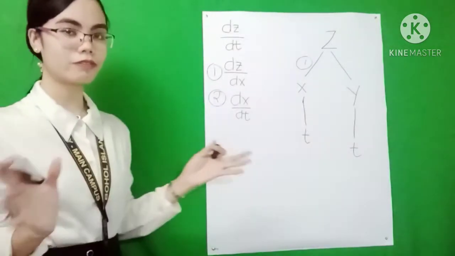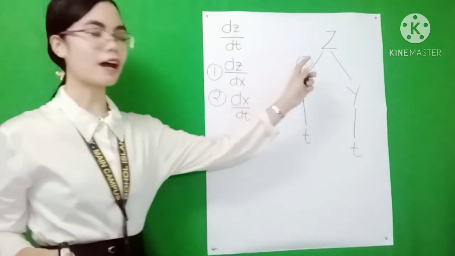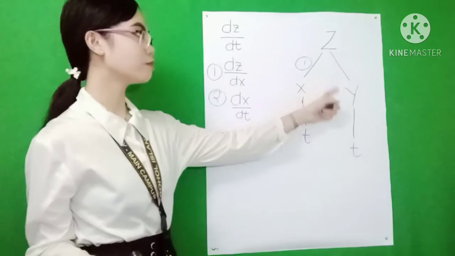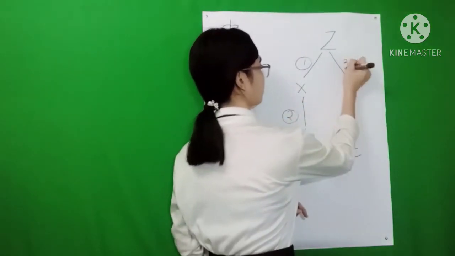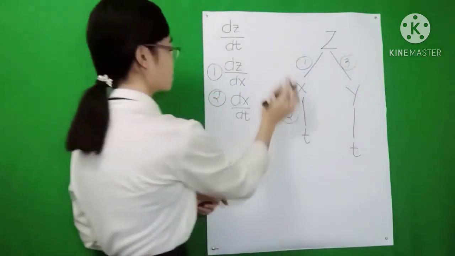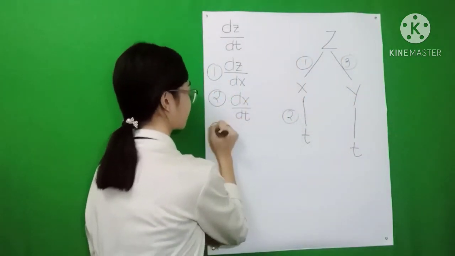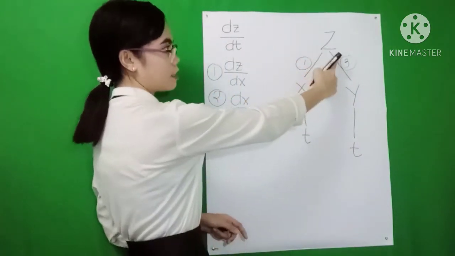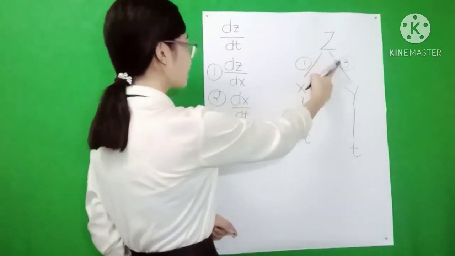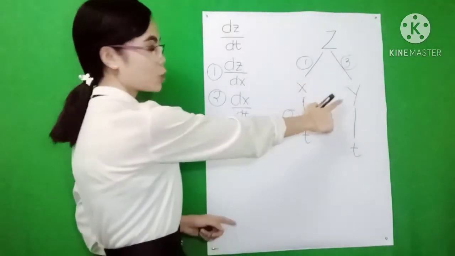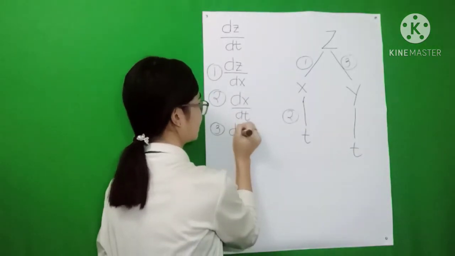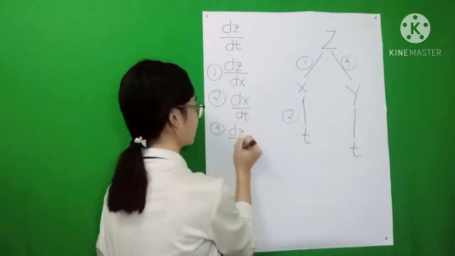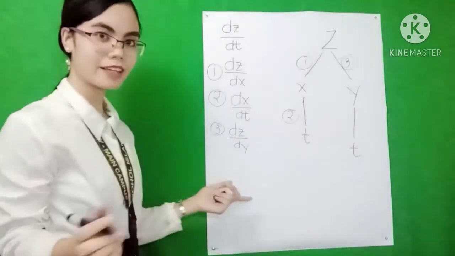Since we've already finished that branch, we proceed to the other branch. So we have the number here. We have the partial derivative of z with respect to y, so we have dz over dy.